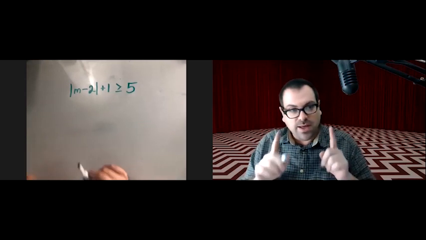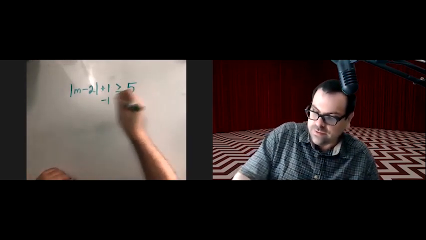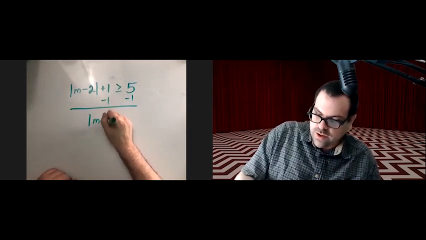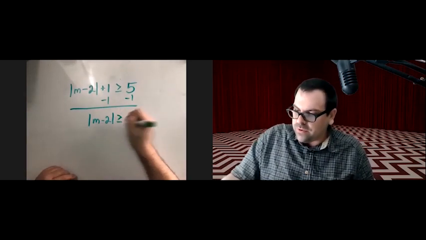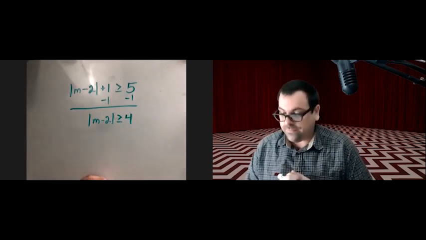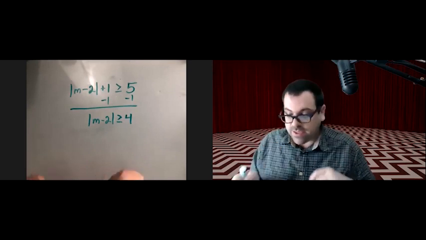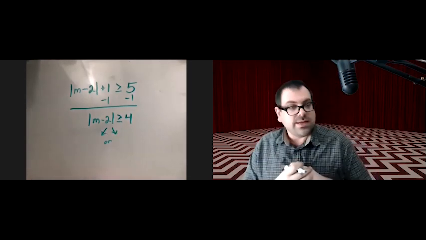Step 1, isolate the absolute value, get it by itself. And then we make our decision what to do. Absolute value of m minus 2 is going to be greater than or equal to positive 4. Absolute value greater than, split it into two things. And it's an or statement.